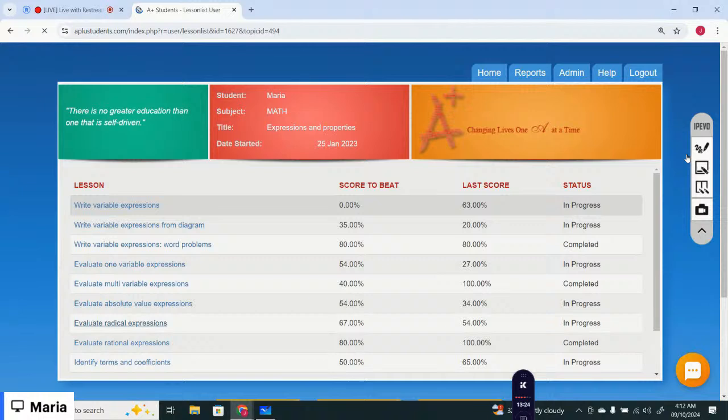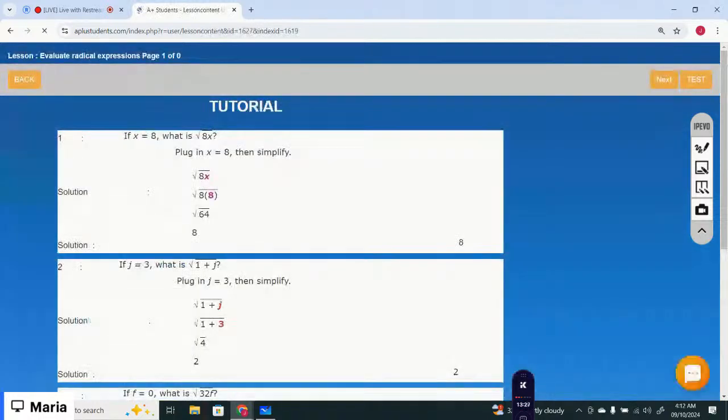The next lesson is evaluate radical expressions. For x equals 8, what is the square root of 8x?